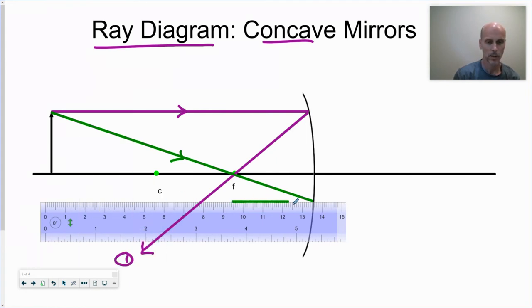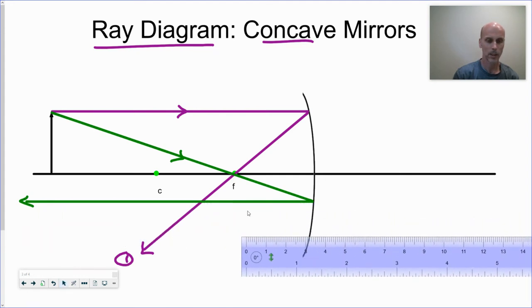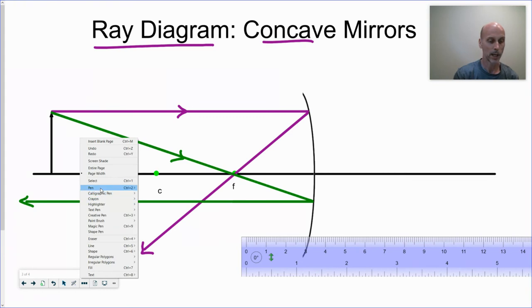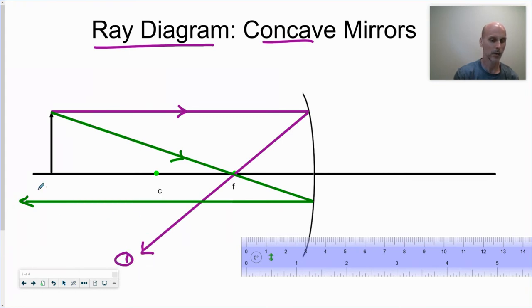So it ends up looking something like that. Move my ruler out of the way. So there you go. The first two rays. The first one went parallel to the principal axis. The second one went through the focal point. The first one went parallel to the principal axis and reflects through the focal point. The other one kind of does it in a different order, through the focal point, then parallel to the principal axis. Let's number that number 2.